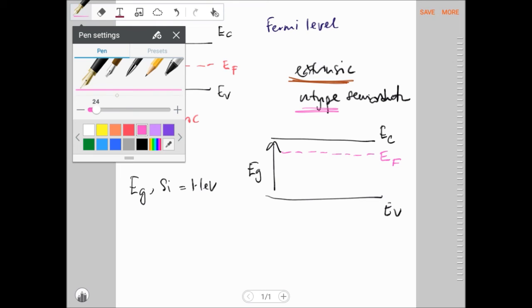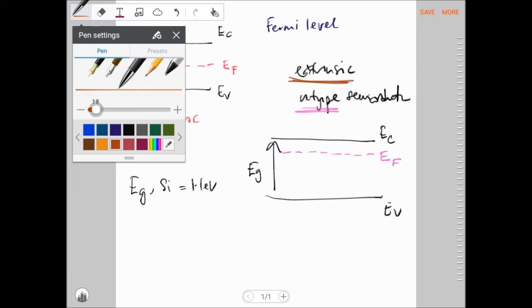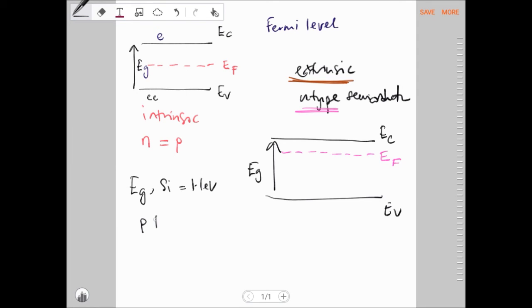If it's a P-type semiconductor, let's draw the energy band diagram like this. This is the conduction band, this is the valence band.